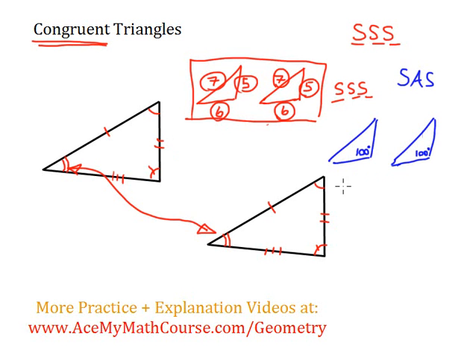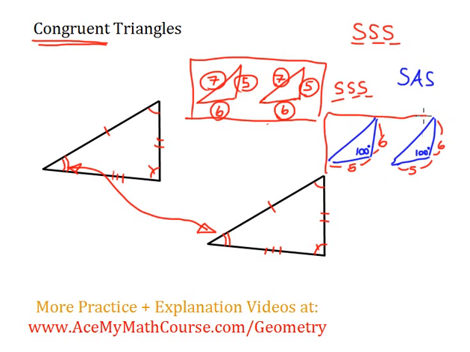And also, this side measures 5, right here, and this side right here measures 6. And that this side measures 5, and that one measures 6. Look at this. Side, angle, side. Side, angle, side. So, we can say that these two triangles are congruent as well because of side, angle, side.